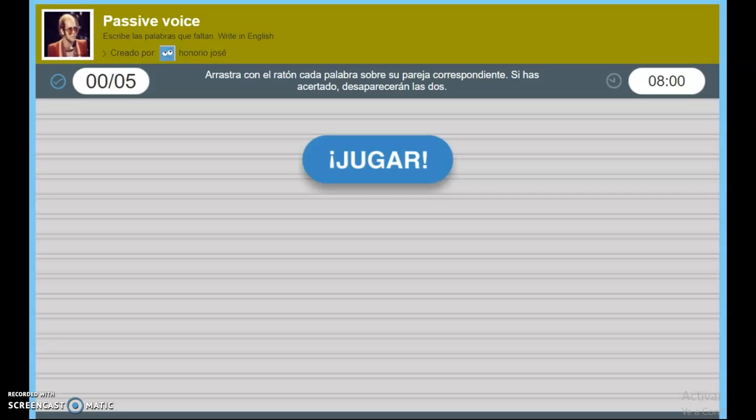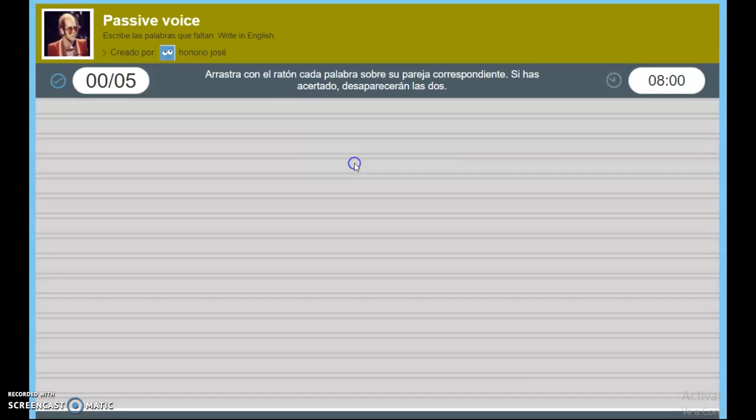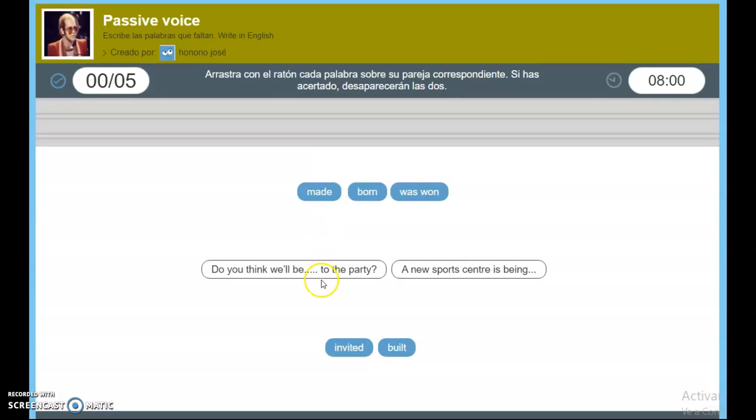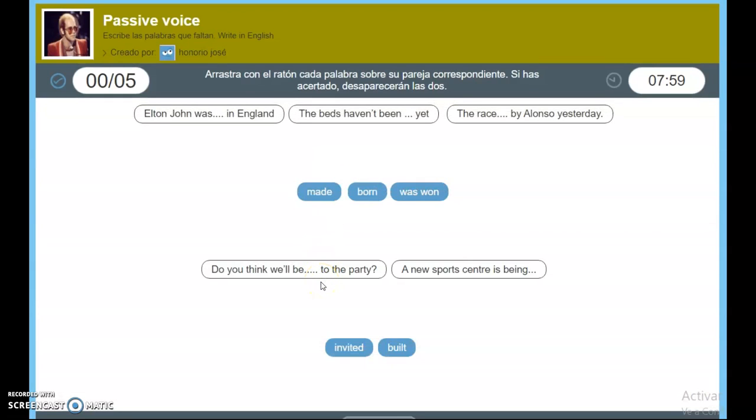In this moment, you can take your time and take notes in your notebook, and let's compare. There are 5 sentences and 5 words. You can take your time, and after that, let's compare.